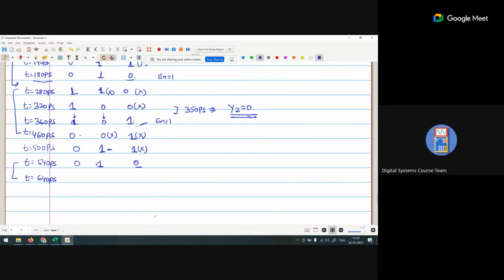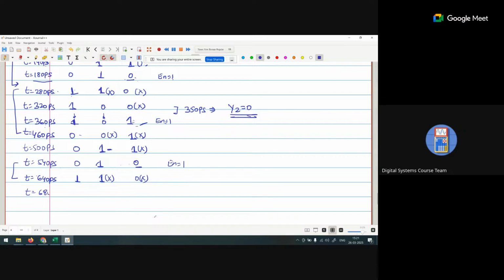If y2 is changed at 540, we see the effect on y0 after 100 picoseconds, so at 640 picoseconds. Now the level is 1, so 0, 1 becomes a 1. Now these two conditions are invalid.